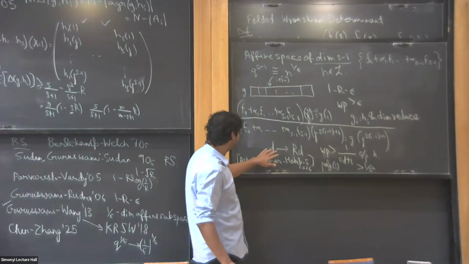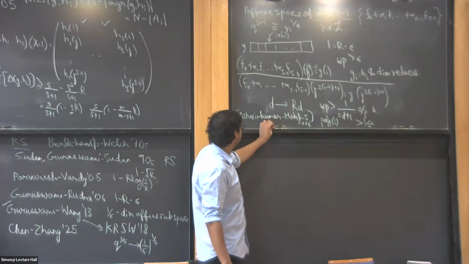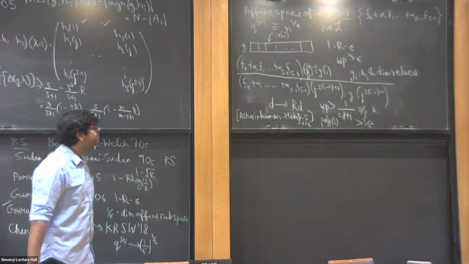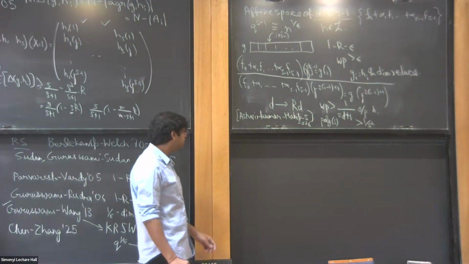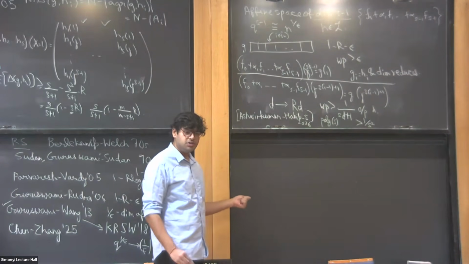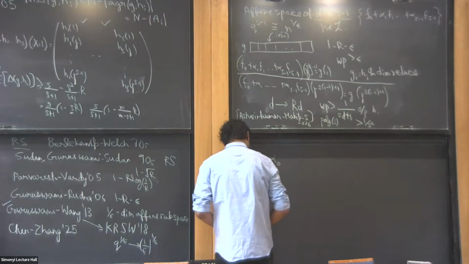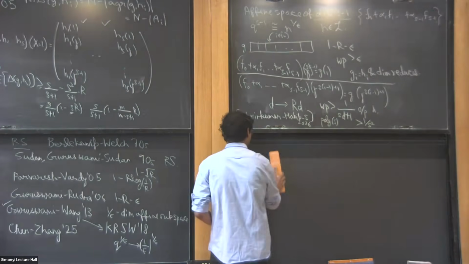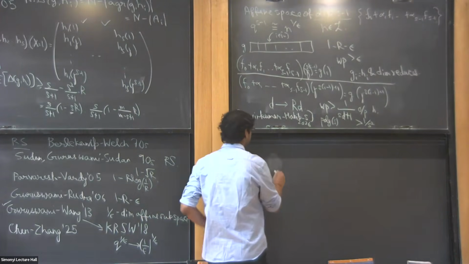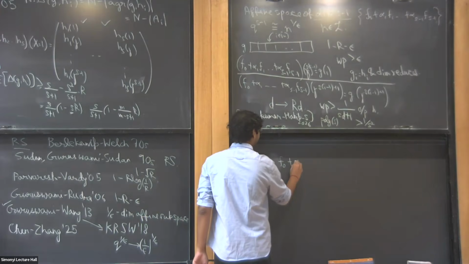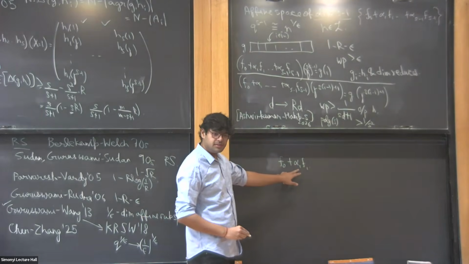Actually, once you see this proof, d to rd, where does that come from? Let's see. So here it is useful to think of the dimension 1 case. An affine space has dimension 1, let's say. So the real choices I have are alpha 1s.